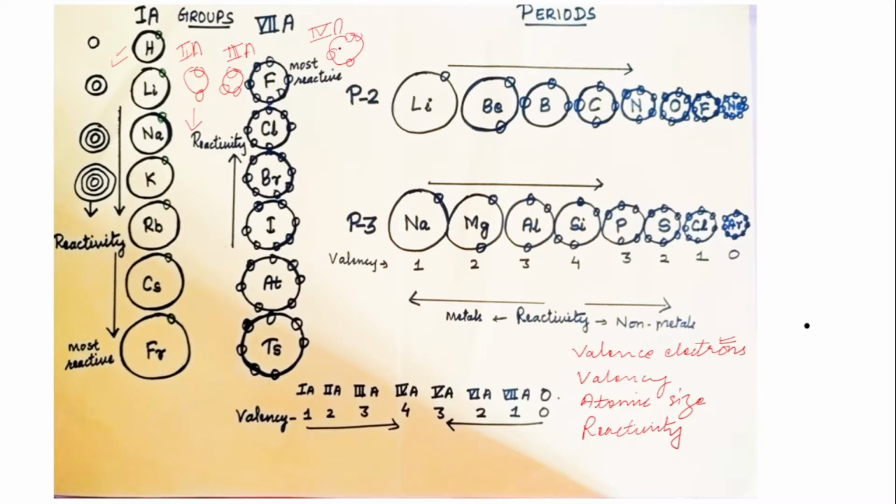And 5A, all elements have 5 valence electrons. 6A, all elements have 6 valence electrons. And 7A figure is given here. Okay, so you can see the valence cell is shown in the figure and all these valence cells have 7 electrons in them. 7A means 7 electrons in the valence cell.